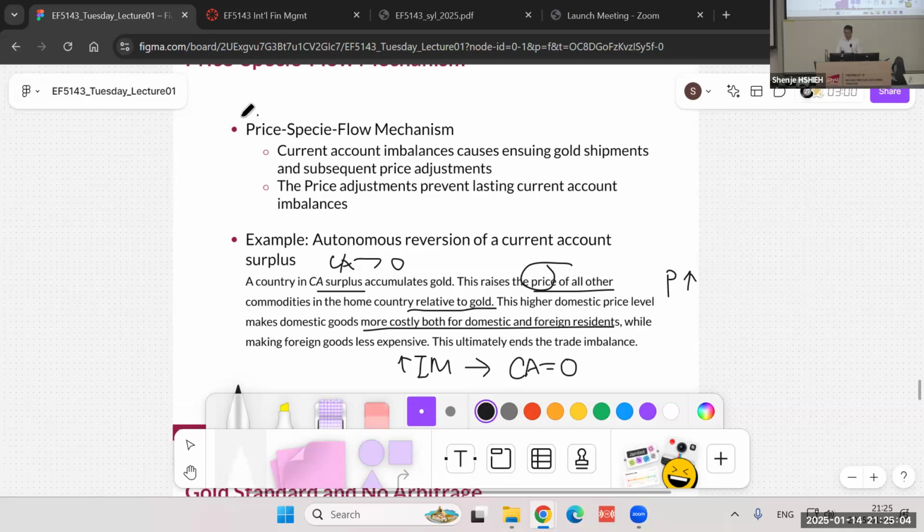So this is what's called the price specie flow mechanism. It's through prices that the current account balance reverts, right? Because people want to substitute away from expensive goods towards cheaper goods if they can substitute away. And this is self-sustaining, right?